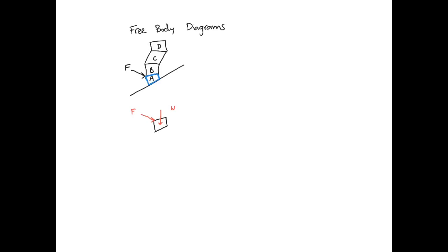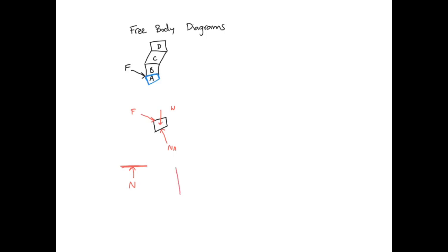And then block A is going along this slope here. So when I isolate block A, I'm essentially taking away this line as well. And I have to replace that line with the force that it was applying on A. And that force is always perpendicular to the path of motion. So here we would have the normal force of A. If the block was on flat ground, the normal force would be pointing upwards.